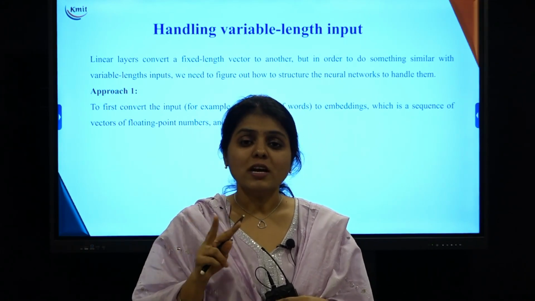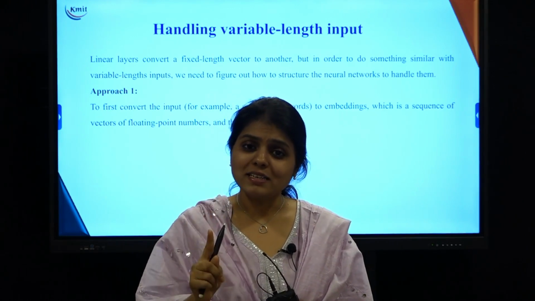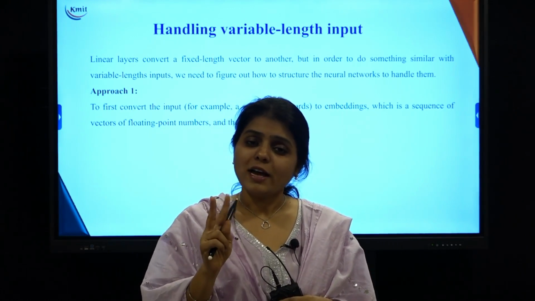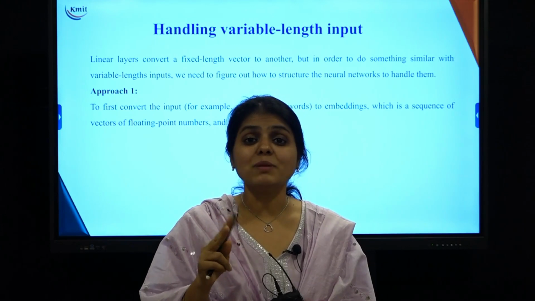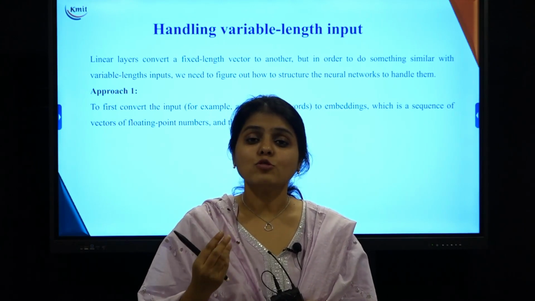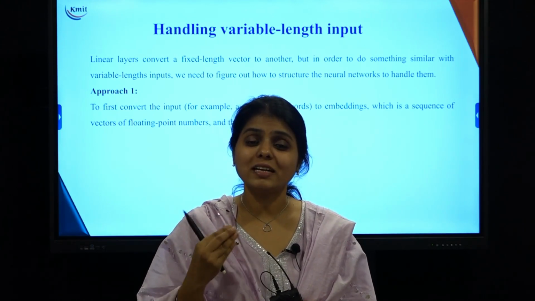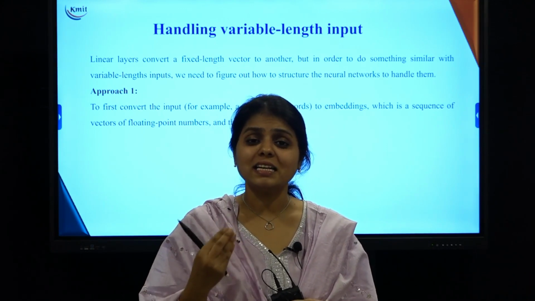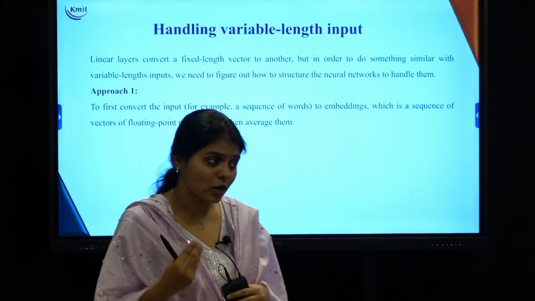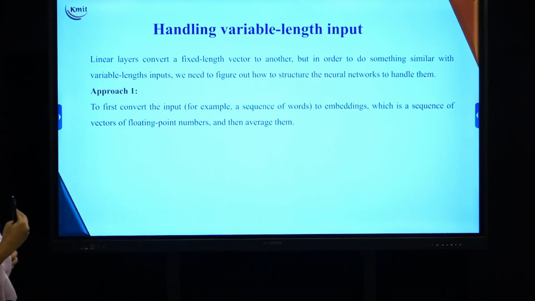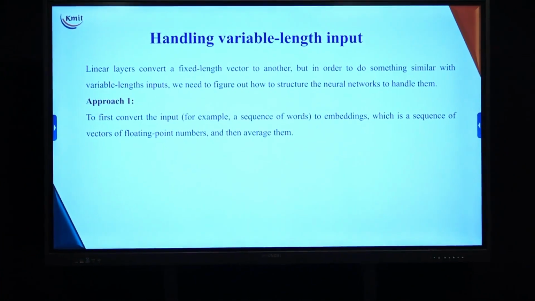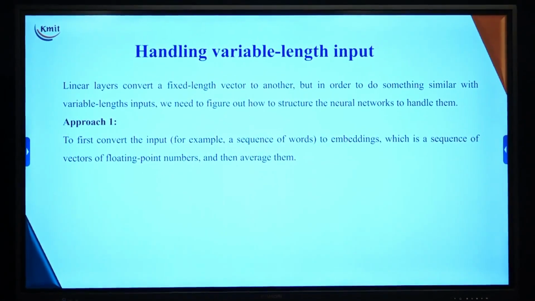So I have 2 sentences with variable lengths. How does my RNN architecture process these sentences with variable lengths? To handle this variable length input, we have 2 approaches.